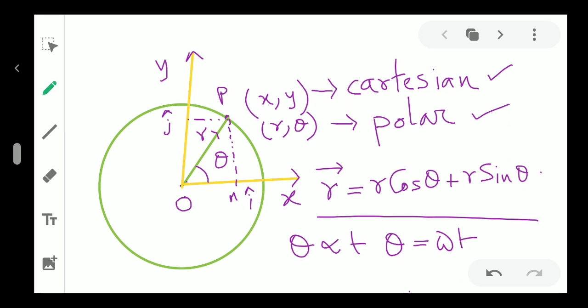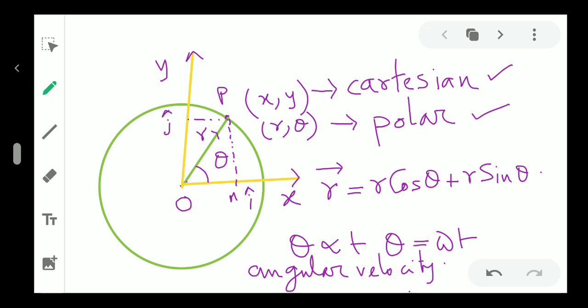This omega is called angular velocity. Why is this angular velocity? Because from here omega is equal to theta by time. That means how much theta is covered in how much time.